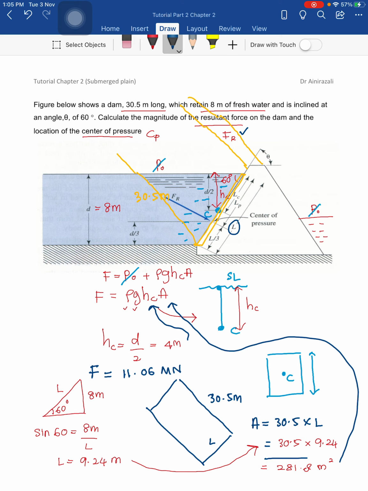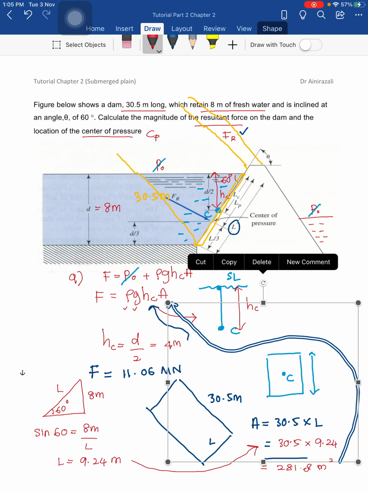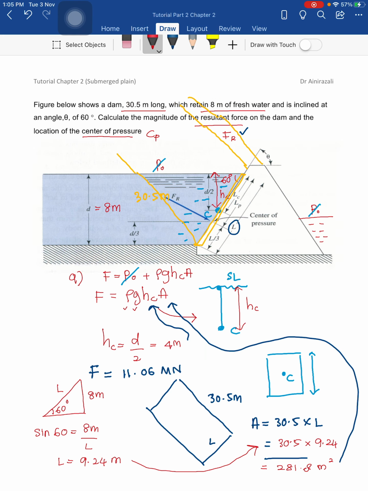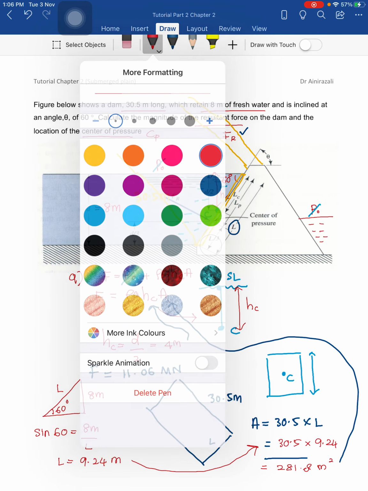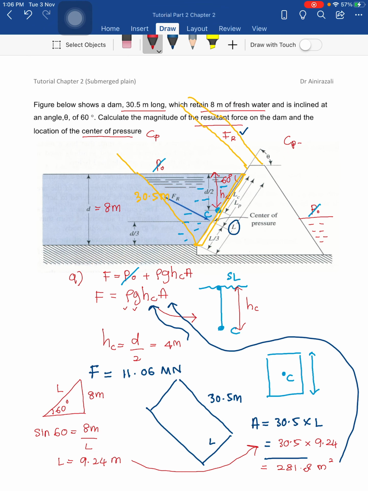Now for the CP, the center of pressure. For the case of a rectangle, you just remember that the center of pressure is at 2/3 of your object. So your CP equals 2/3 of your head.